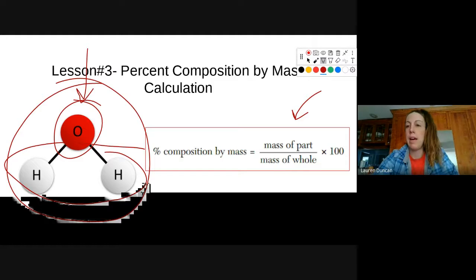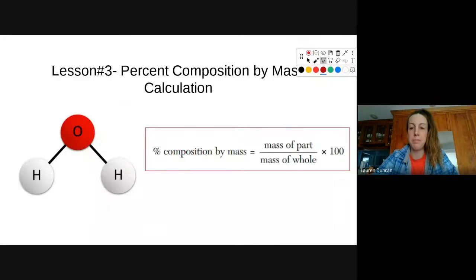So if you look at the percent by mass formula, you'll see that percent composition by mass is calculated by taking the mass of the part, whatever part you're looking for, the oxygen or the hydrogens in a water molecule, dividing it by the mass of the whole thing. That'll give you a decimal.